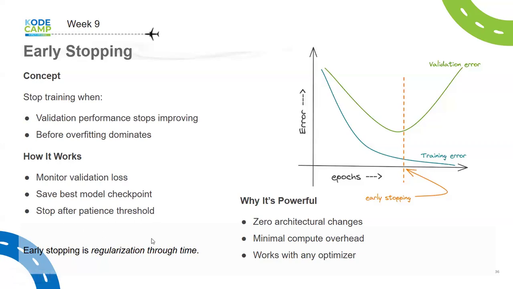Patience can be a value that depends on the number of epochs that you are currently training. So early stopping is regularization through time. And it's very powerful because you don't need to do architectural changes like the dropout, and there's minimal compute overhead, unlike the L1 and L2, where you have to do a lot of computation, and you can work with any optimizer.